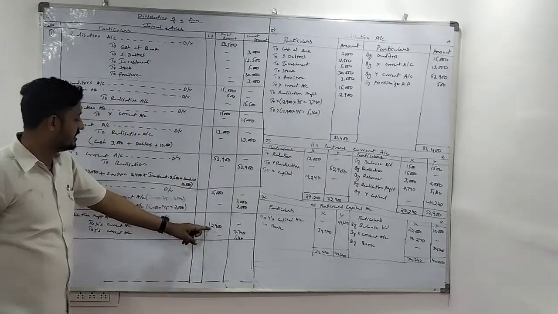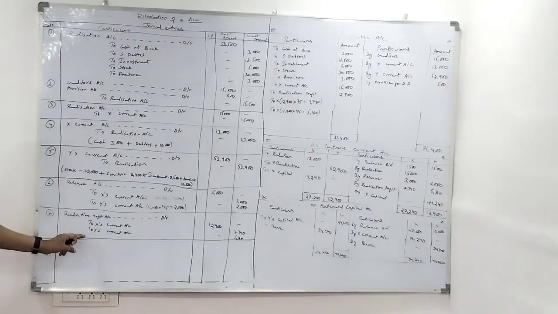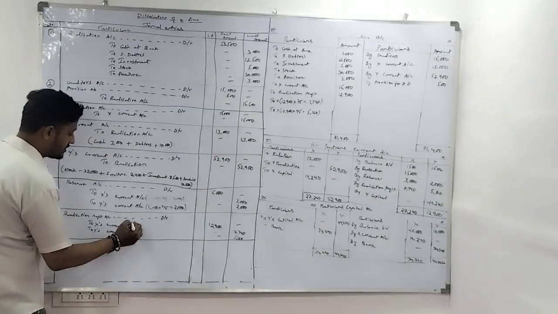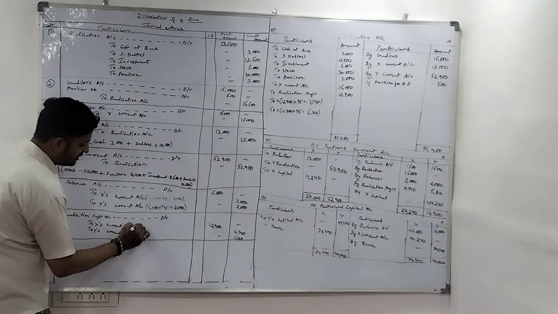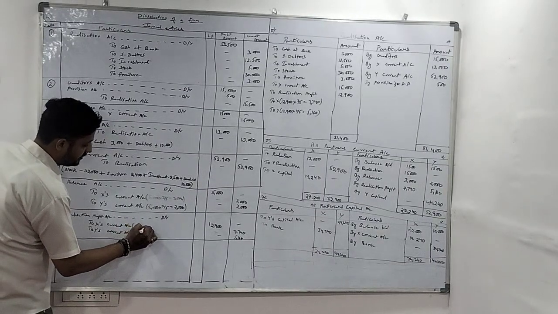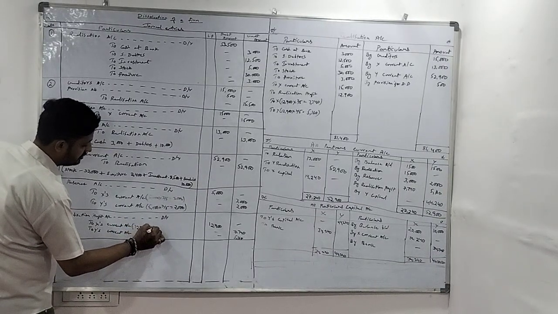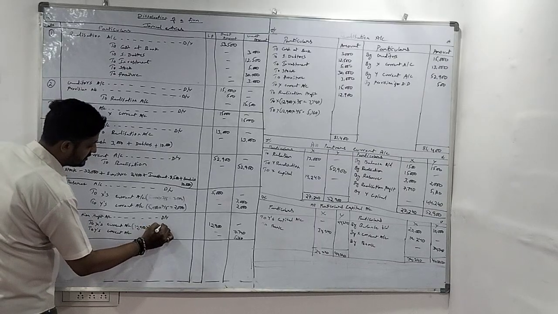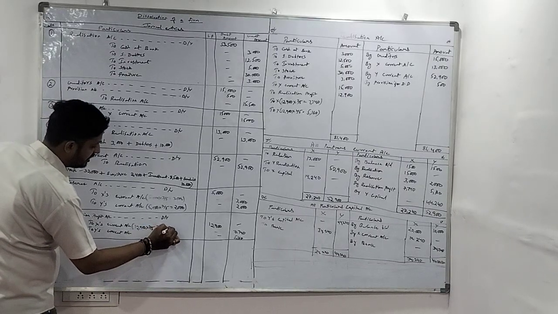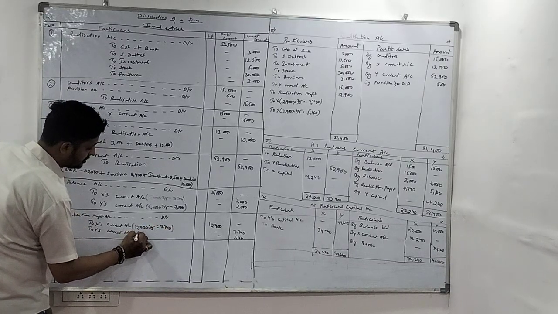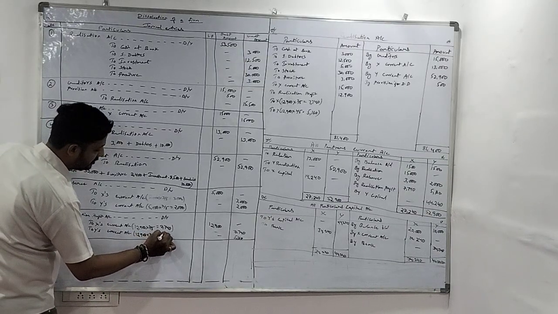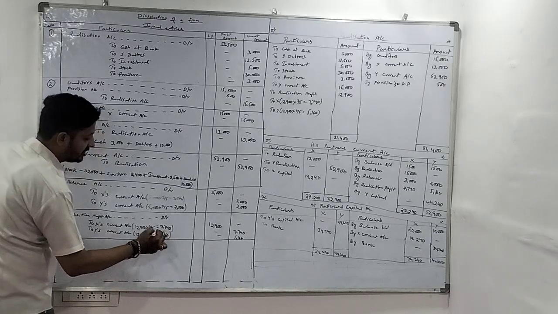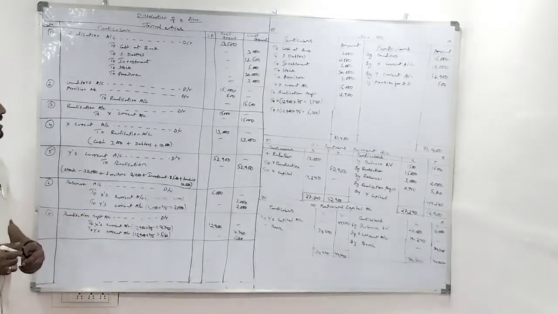This 12,900 is going to be distributed to the partners: 12,900 into 3 by 5 is equal to 7,740, and 12,900 into 2 by 5 is equal to 5,160. Like this we distribute it to the partners.